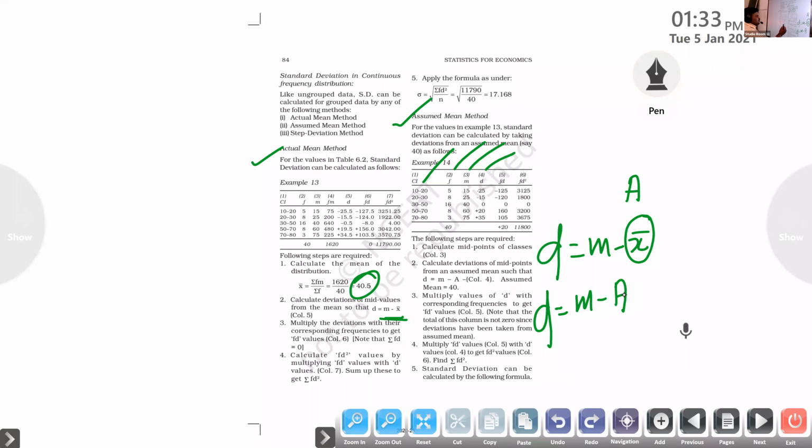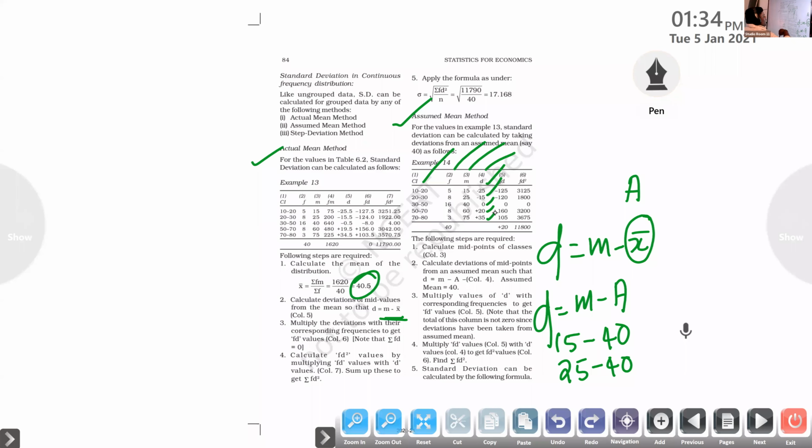Here M is 15 minus the assumed mean 40, so 15 minus 40. Next one, 25 minus 40. So we got minus 25, minus 15, 0, 20, 35.